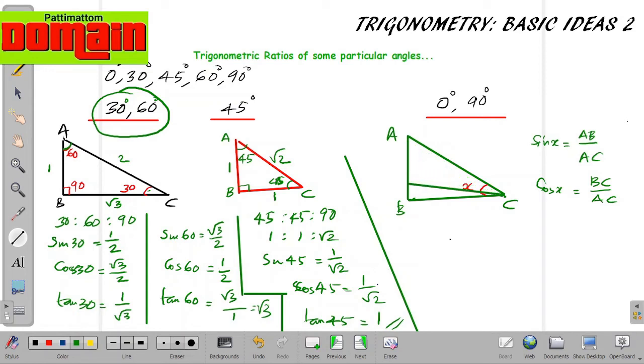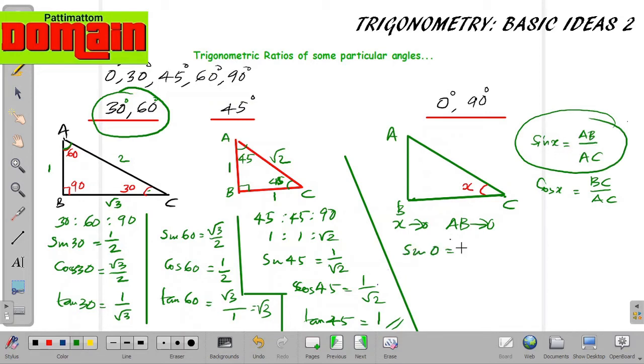Ultimately angle X becomes 0 when AB becomes 0, right? Therefore, angle X becomes 0. Sin X is AB by AC. Therefore, sin 0 is equal to 0 by AC, which is equal to 0.